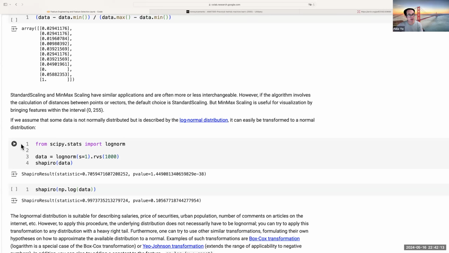And for example, right here, we can do something similar. This is a log normal data set. Basically we sample the normal distribution, but we take the logarithm of that.